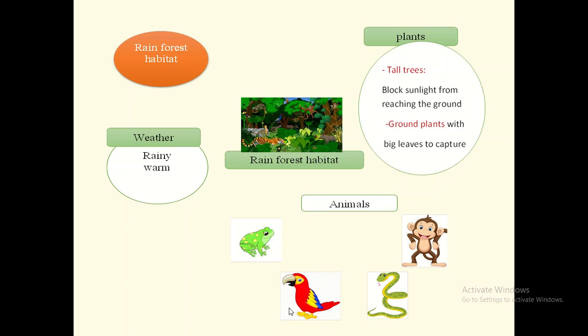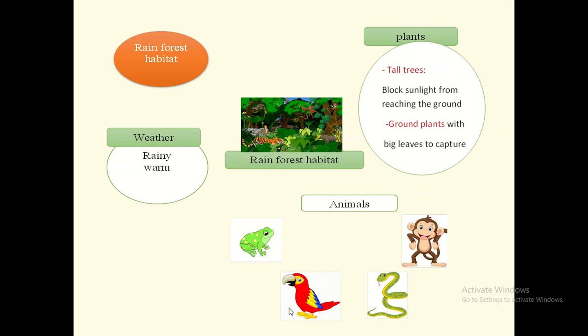The weather in the rainforest habitat is rainy and warm. Excellent. The plants that can grow in the rainforest habitat are tall trees and ground plants. Tall trees block the sunlight from reaching the ground, and ground plants have big leaves to capture the sunlight.